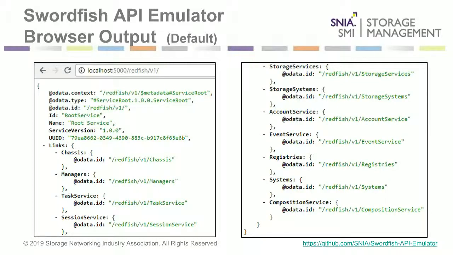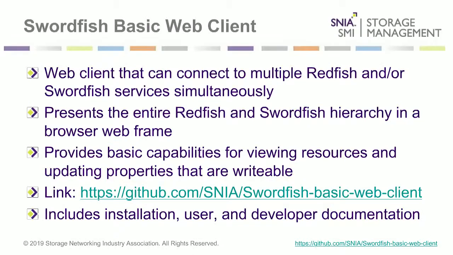And speaking of clients, that'll get us to the next open source project I want to talk about, which is the Swordfish Basic Web Client. Now, what this is, is a web-based client that can connect to multiple Redfish or Swordfish services at the same time. And it presents the entire Redfish or Swordfish hierarchy in a browser web frame.